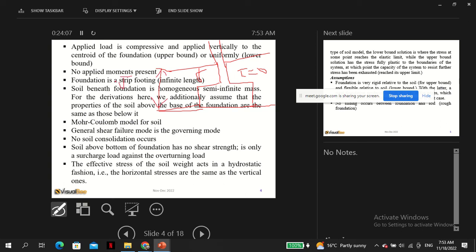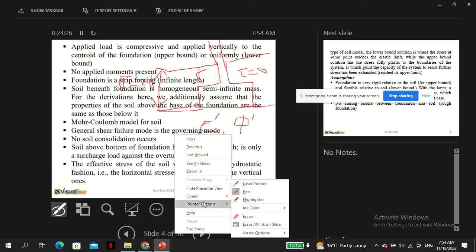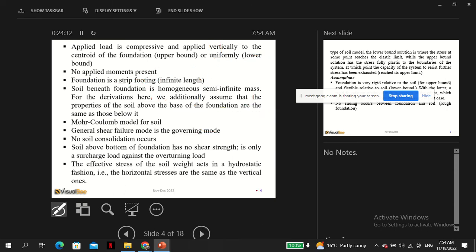So if you want the stress there, it would be Z gamma, but the shear strength of that soil is 0. That's what we say. So only the shear strength of the soil here is applicable. In other words, we are ignoring the shear strength of the soil on top, but assuming that they apply surcharge.